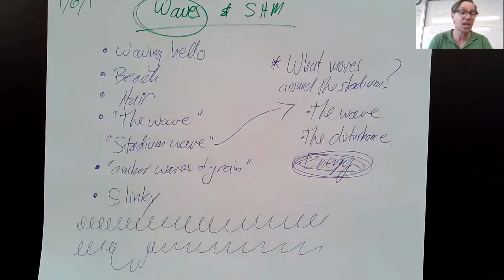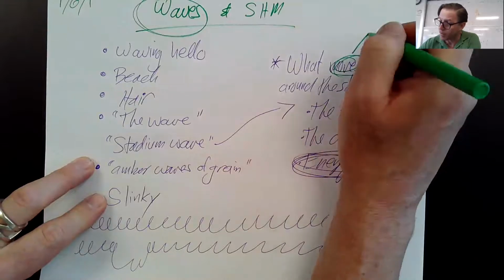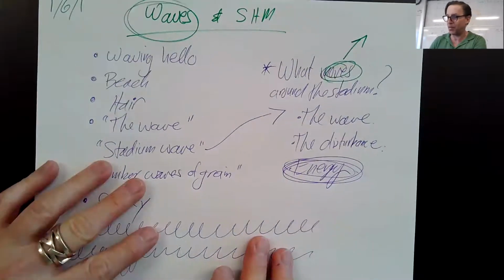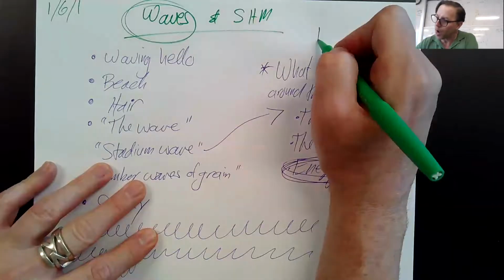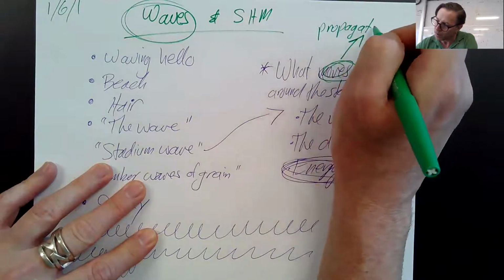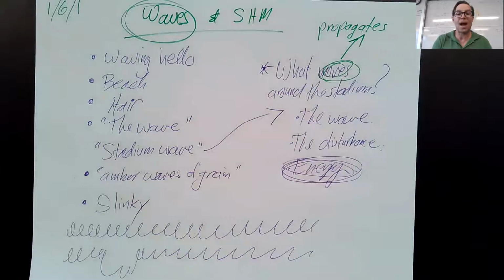We have a special name in physics for this motion. So instead of saying what moves, oh, here's a fancy word, I could say what propagates. Propagates. What propagates around the stadium.